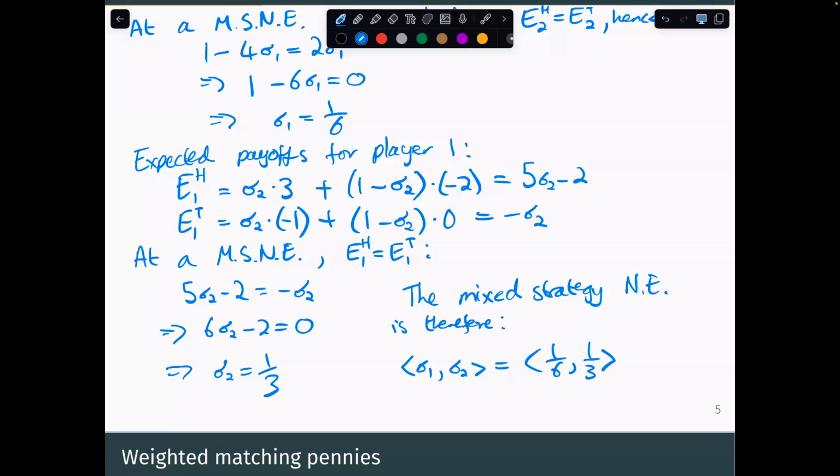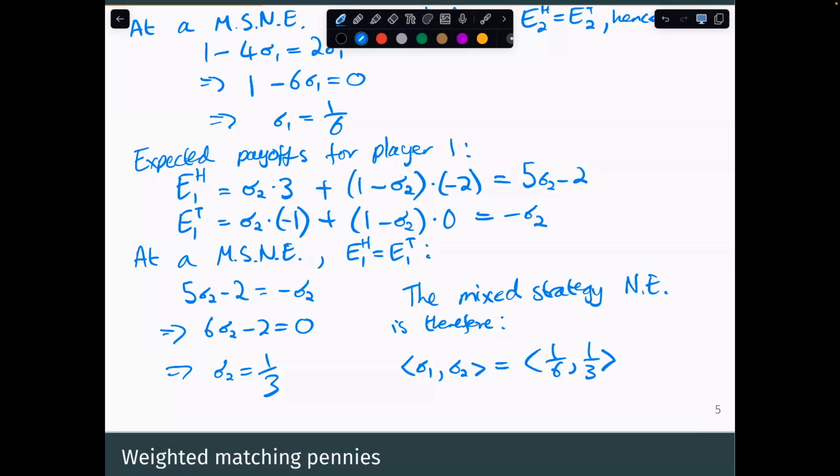Obviously, as there's only two strategies, the probability that player one plays tails is 5/6. Probability that player two plays tails is 2/3. When they play these strategies in these proportions, these probabilities, then you end up with a mixed strategy Nash equilibrium. There's no incentive to deviate. They can't improve their payoff when we have this scenario.